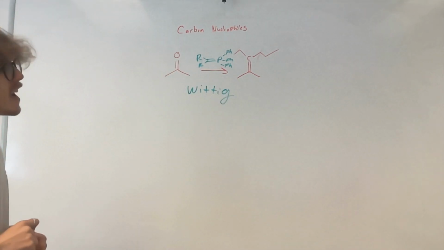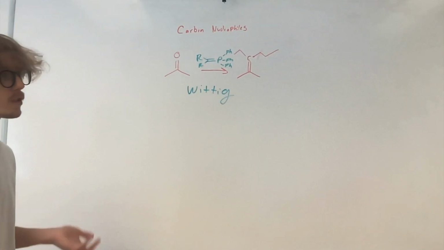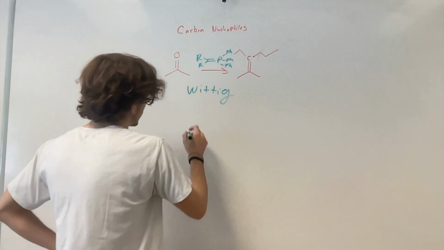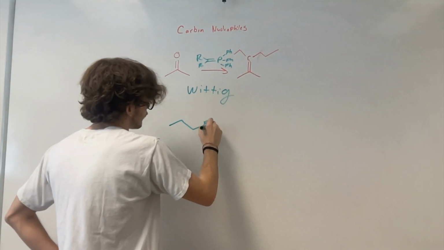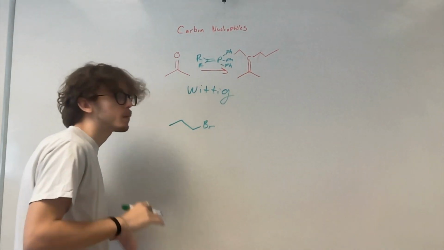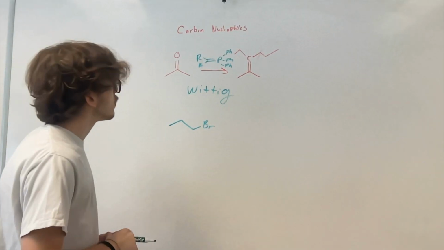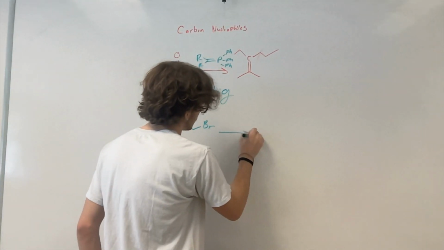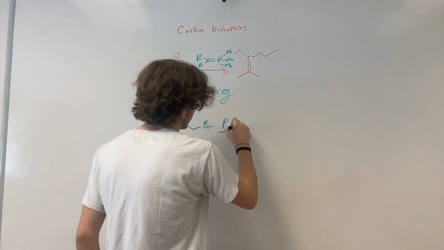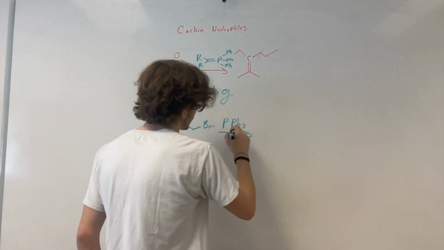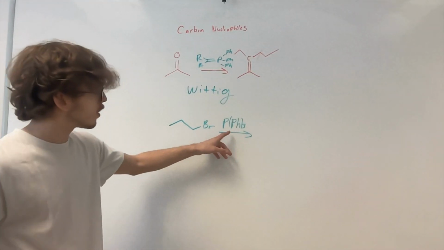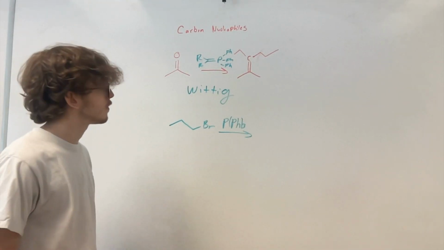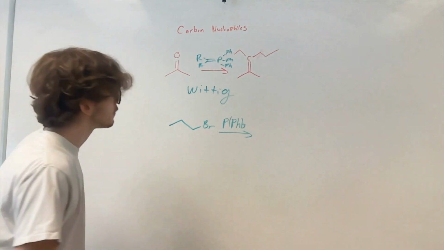An important note is, how do we make Wittig reagents? Well, it's quite simple. So we're going to take some sort of carbon chain that we want to attach. What we do is we take triphenylphosphine, I would assume that's how you say that. I don't know, it's been a little bit.